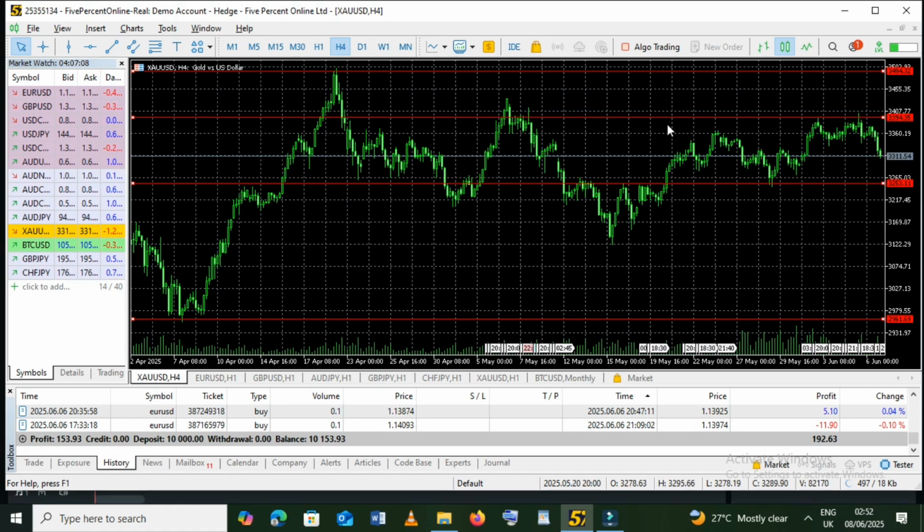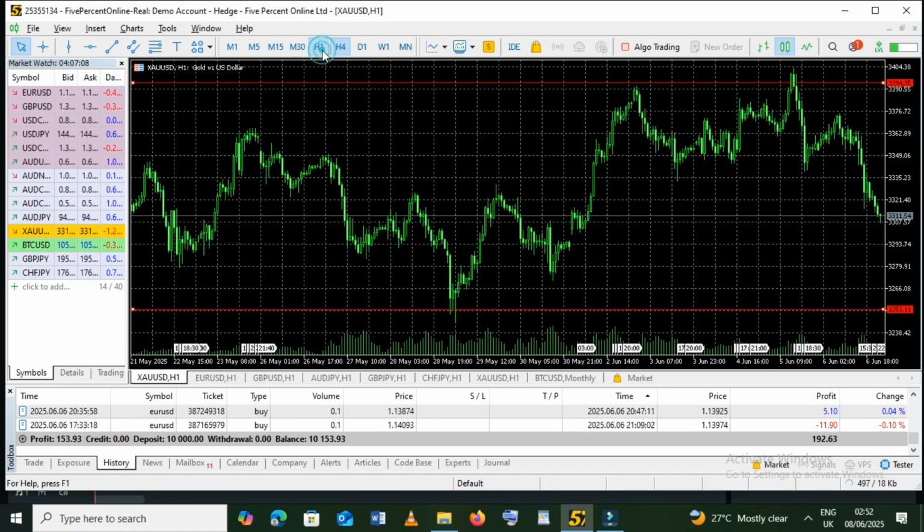From these 4 hours, you can say that the market is ranging within its current resistance and its current support level, meaning within its current supply and demand zone. Let's go to 1 hour.